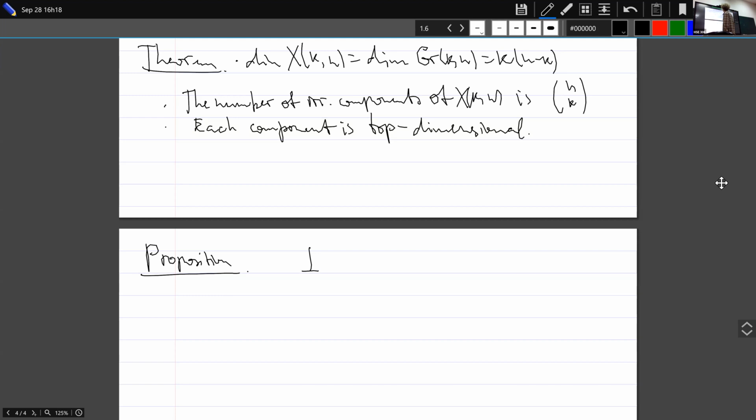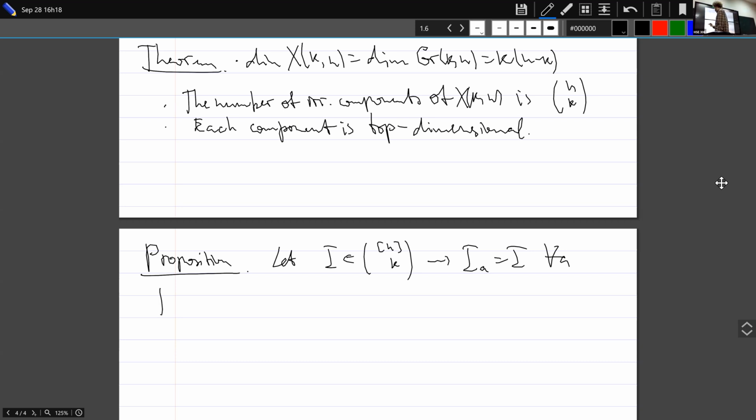So let us fix I to be an element in N_k, so just a k-element subset of the set 1 to n, and then I can define I_A to be just I for any A. So I'm very naive.